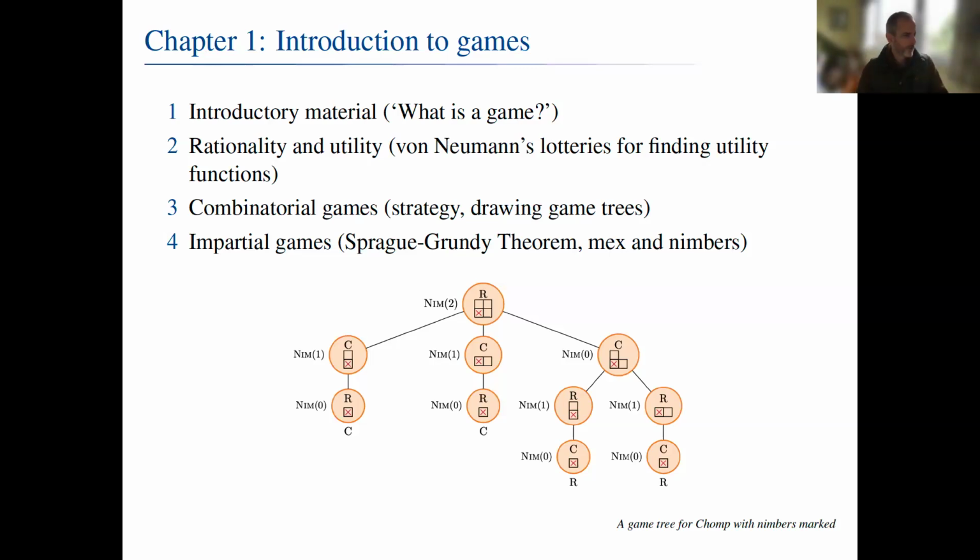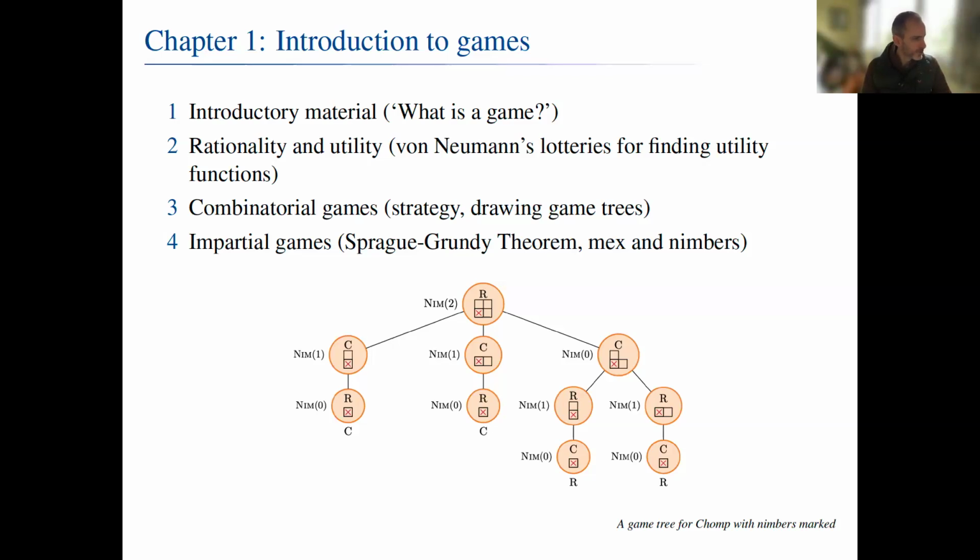And von Neumann's lotteries for finding utility functions become quite a rigorous way to get somebody to understand how utility might work and how it might vary for different people. And yet von Neumann's lottery is a relatively straightforward process that you can operate in order to compute utility functions.